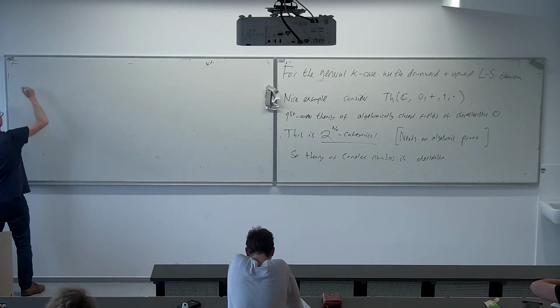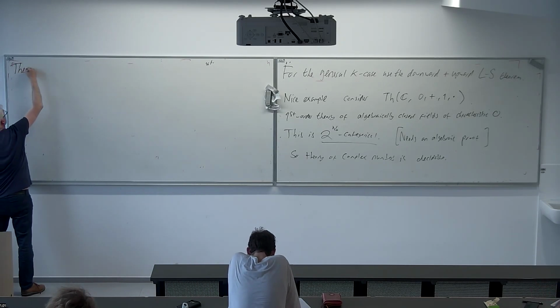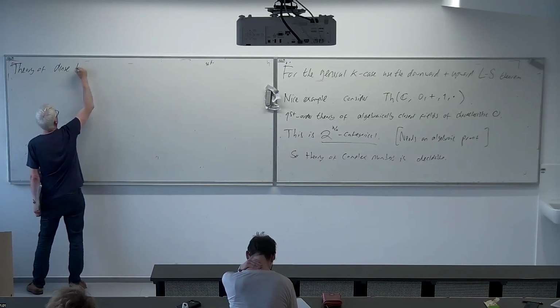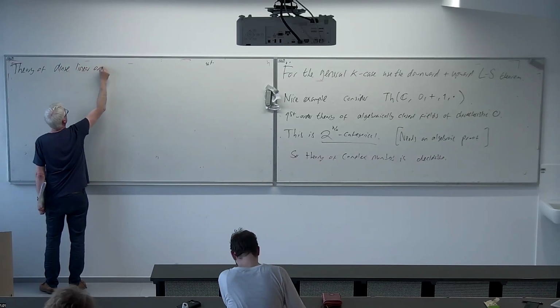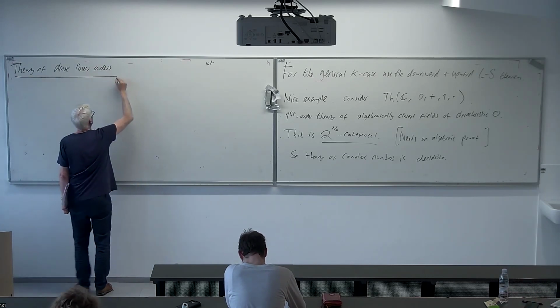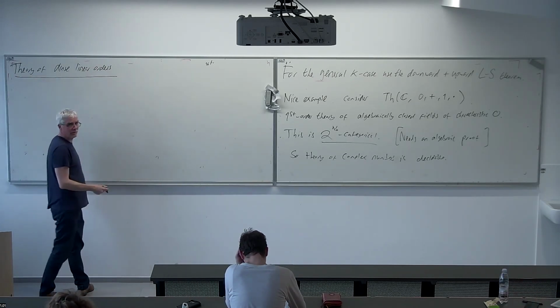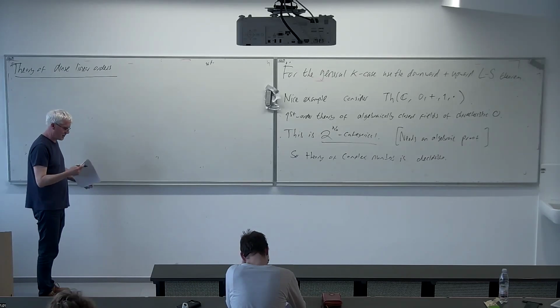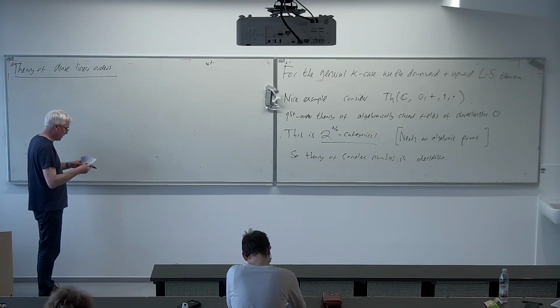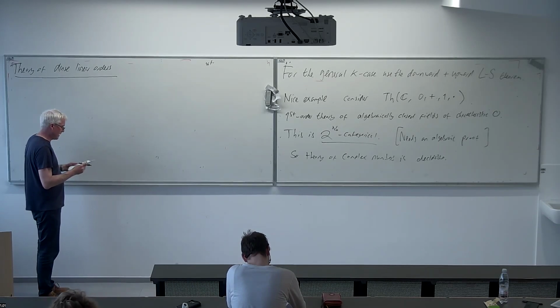So, second example, the theory of what's called dense linear orders without endpoints. There are various variations, some of which you considered in the exercise class, but this is the classic one, dense linear orders without endpoints.